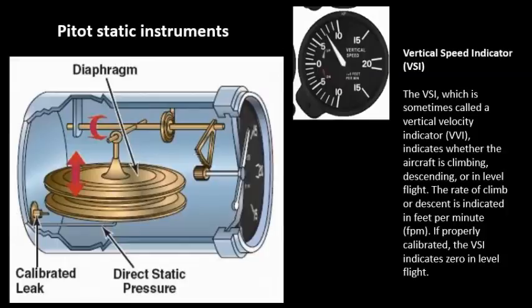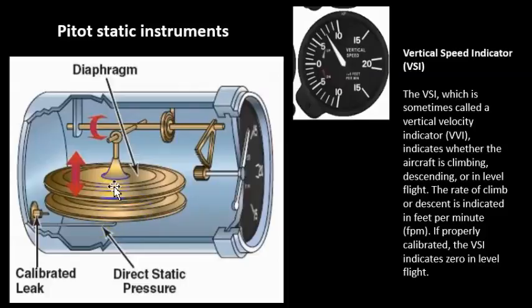Then we have our vertical speed indicator, sometimes called a vertical velocity indicator. What's going on with this is you have it very similar to the altimeter's sealed wafer. Alright, no, it's not sealed. My apologies. We have a static line that comes right in here, right? And that static port feeds the inside of this diaphragm.